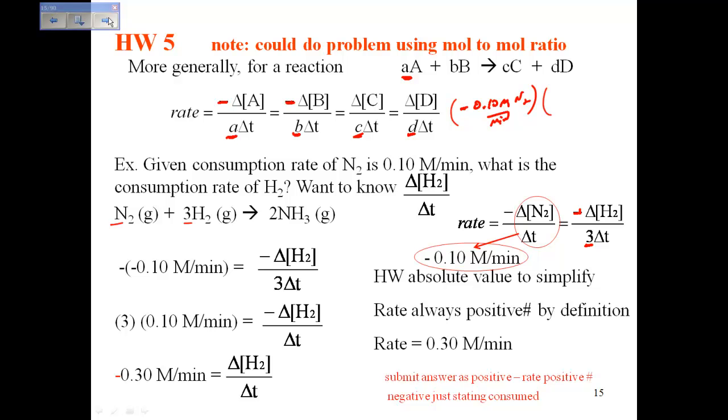For every 1 mole of nitrogen, there are 3 moles of hydrogen. So your moles cancel and you get a negative 0.3 molarity per minute of H2.